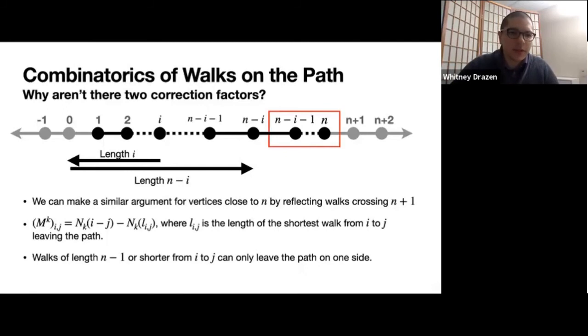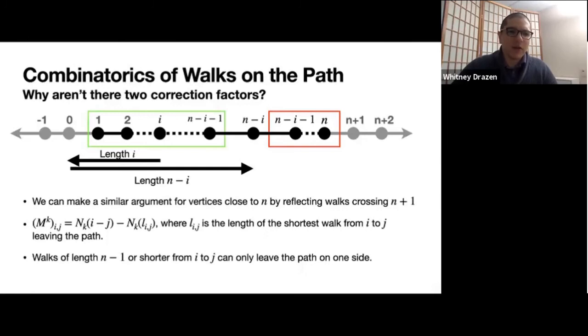So that means that if we want to know what the walks are leaving the path from i to another vertex, then if our other vertex is n minus i minus 1 or less, we can leave the path from the left side.